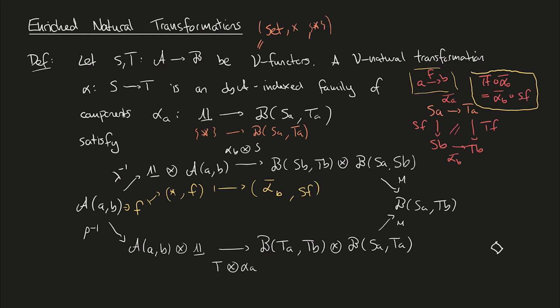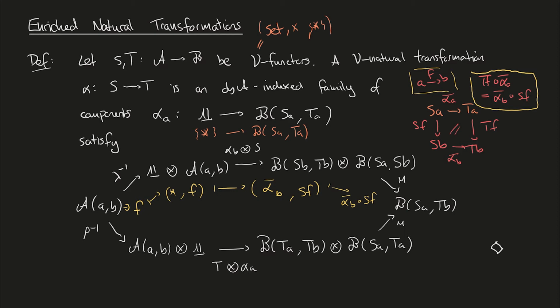So we have this pair of the component of the natural transformation and the morphism f lifted under S. And then we compose with a composition map to get alpha B after Sf. So this top path takes some arrow in our category, so that's an element of the Hom set between A and B, and gives the composite alpha B after Sf.